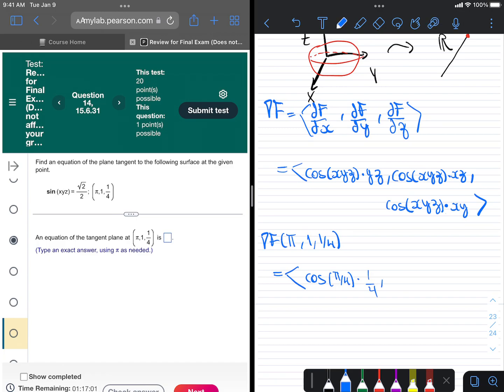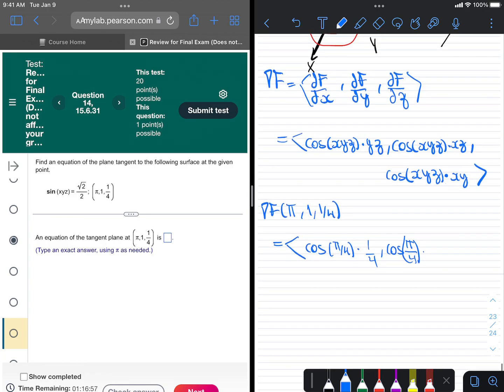The second coordinate, it's the same angle, same cosine, times xz, so pi times 1/4, pi over 4, and then same cosine pi over 4 times xy, so pi.